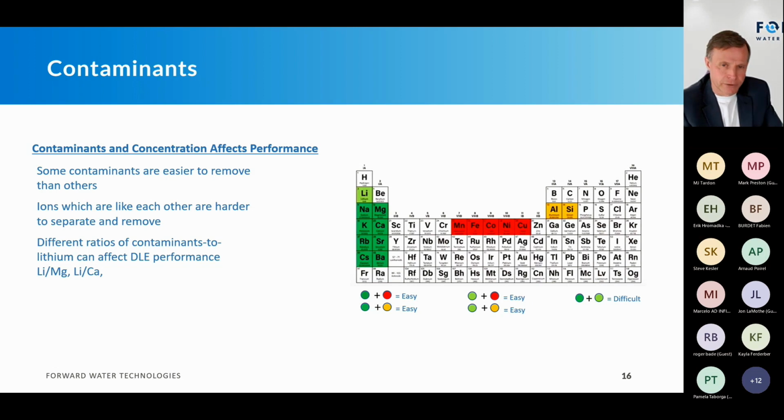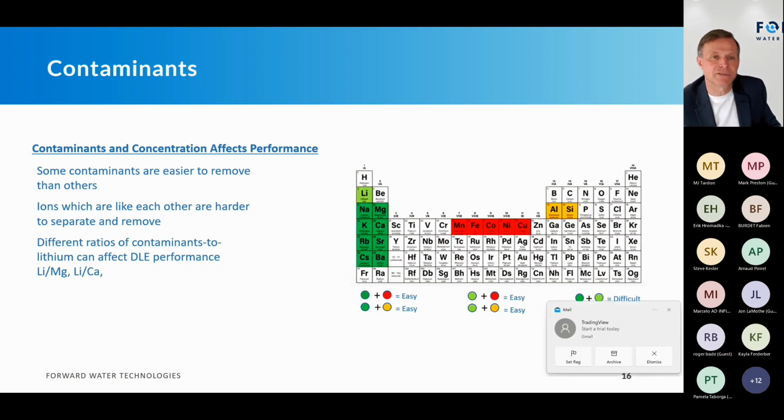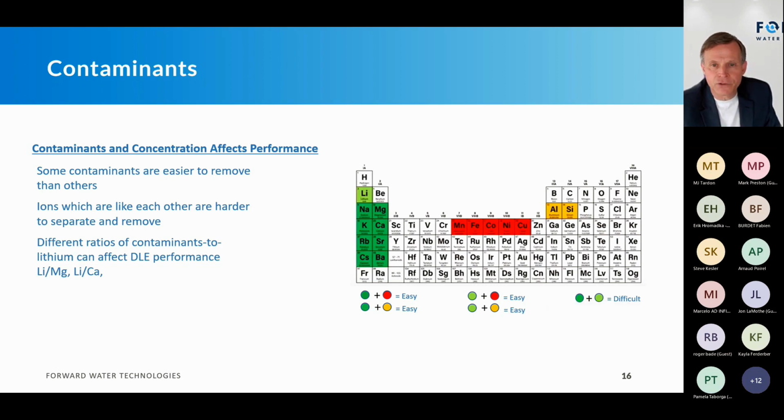Now, some materials are better at separating and being more selective than other materials. But this is the reason why it's so critical to have an analysis and why you need to understand those ratios, because the DLE material supplier is going to want to know that, because some of them are better at separating lithium from magnesium, or easier to be selective with some ratios than with other ratios.